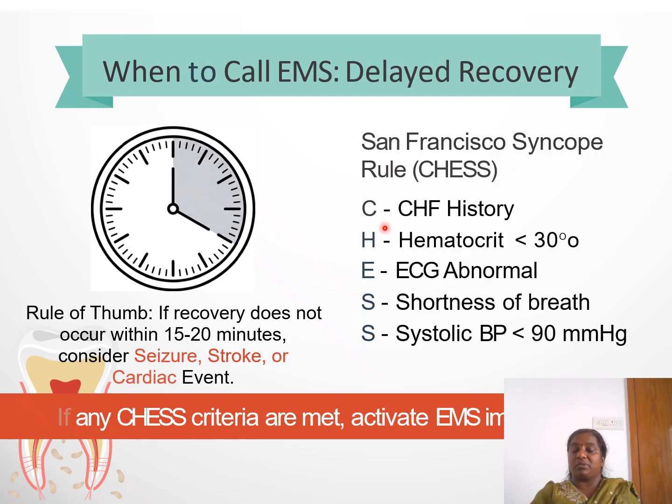We have to check for CHF history, that is congestive heart failure history, hematocrit if it is less than 30, ECG if it is abnormal, shortness of breath, and systolic BP less than 90 mm. If any of these criteria is met, immediately we have to call EMS, that is emergency medical services, to prevent any further damage.